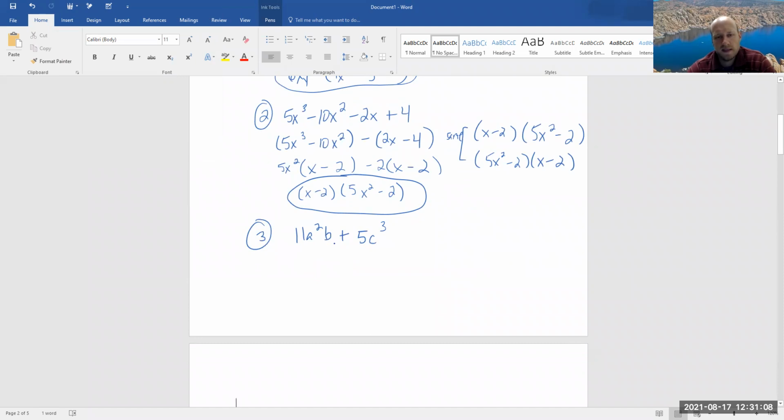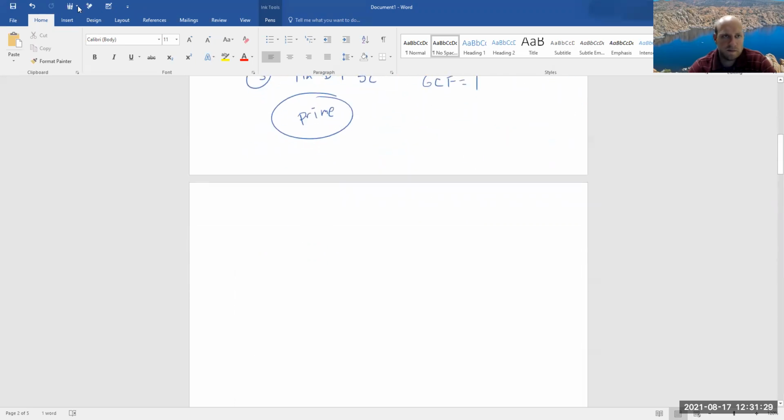A squared and b, I don't have any of those over here, and I don't have any c's on this term. So our GCF here is actually 1, which means that this is prime. It cannot be factored anymore.